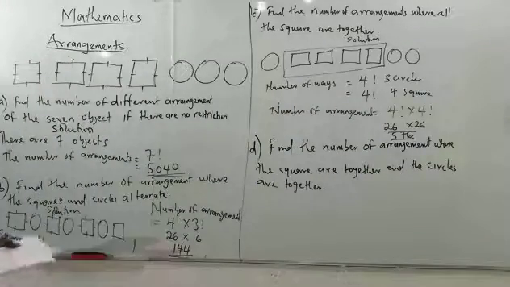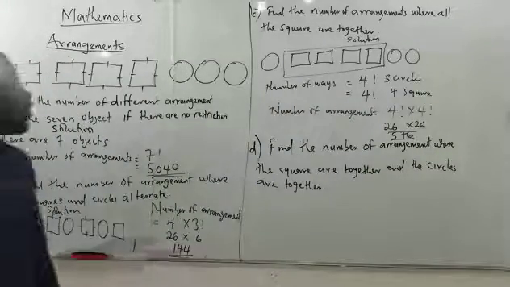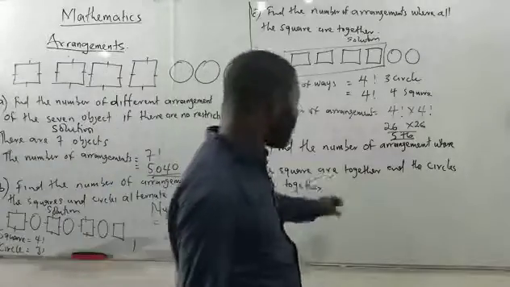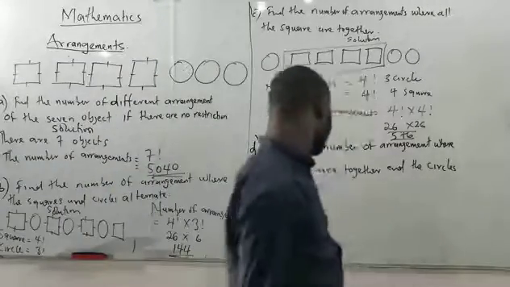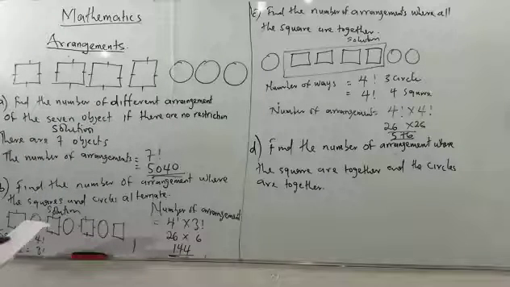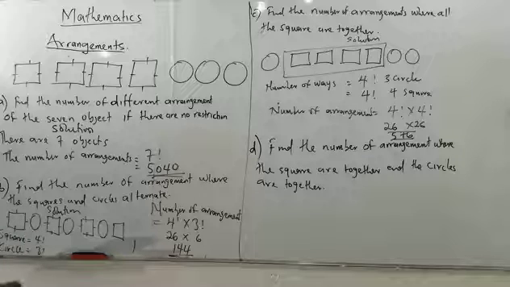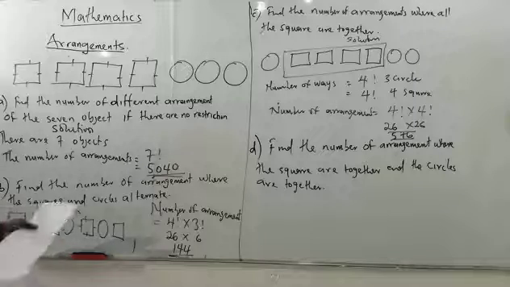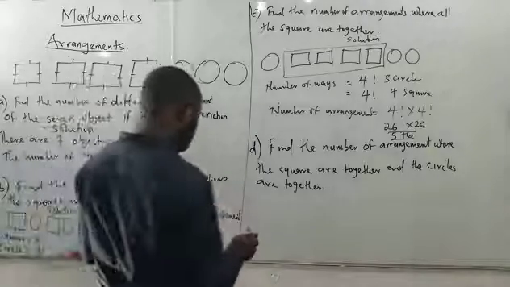Now this is the last part. Find the number of arrangements where the squares are together and the circles are together. Now this one is very simple and a very good technique. If the squares are together and the circles are together, look at this.